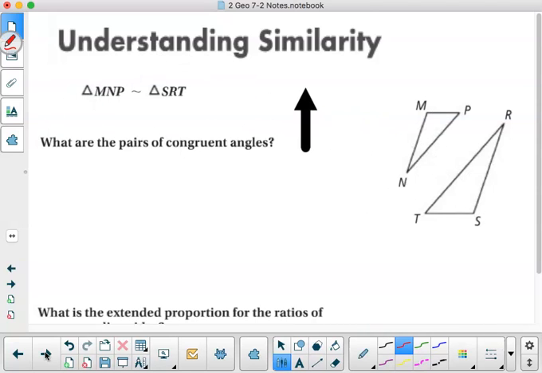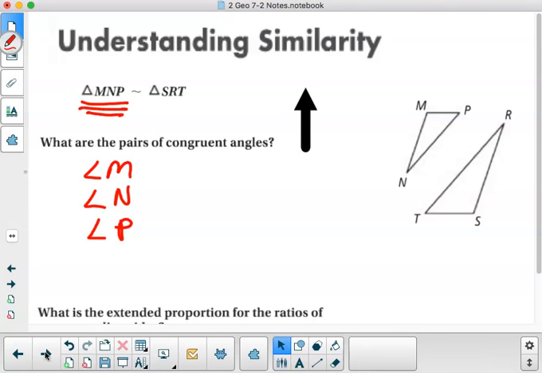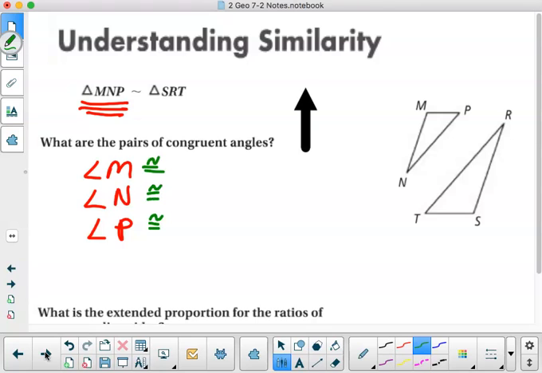So in this statement of similarity, angle M, angle N, angle P, all from this triangle, are congruent to, keep in mind, these are all congruent because for triangles, or any shapes, to be similar, corresponding angles have to be the same.